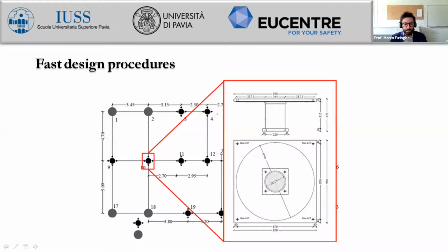This is a plan view of the isolation system below a building. And you see these gray dots are elastomeric bearings, rubber bearings, and the black dots with the arrows are flat sliders.